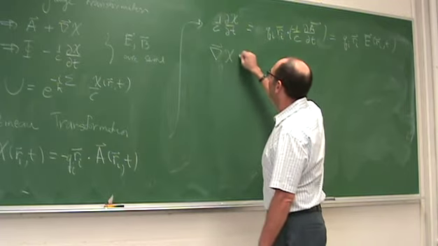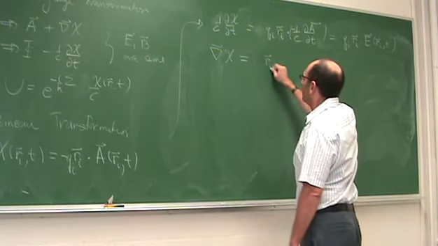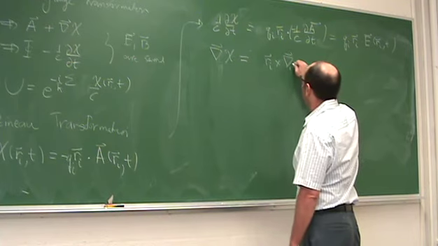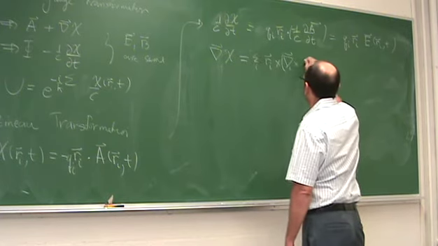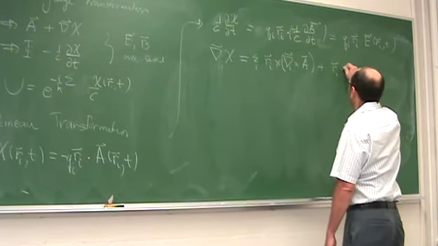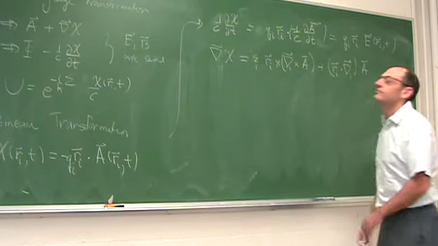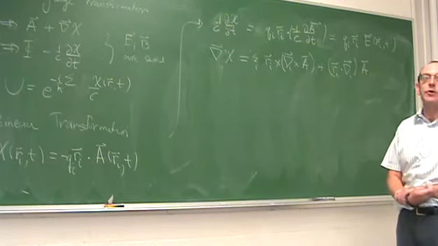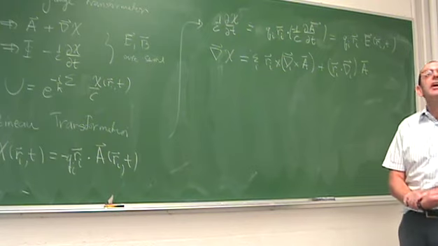Let's see, the gradient of this is equal to r sub i crossed into the curl of A plus r sub i dotted into the gradient acting on A. Now that's r sub i, meaning the ith electron, or charge. And the gradient is in the ith coordinate, meaning x, y, and z.